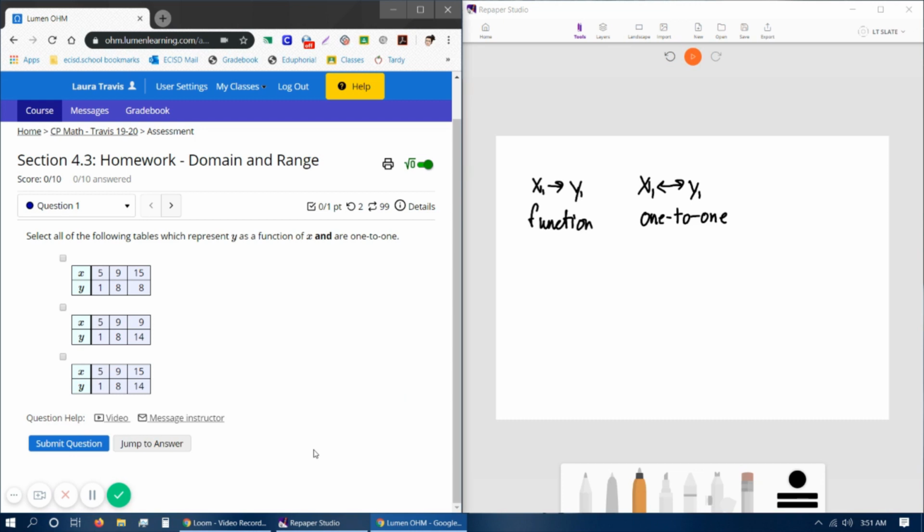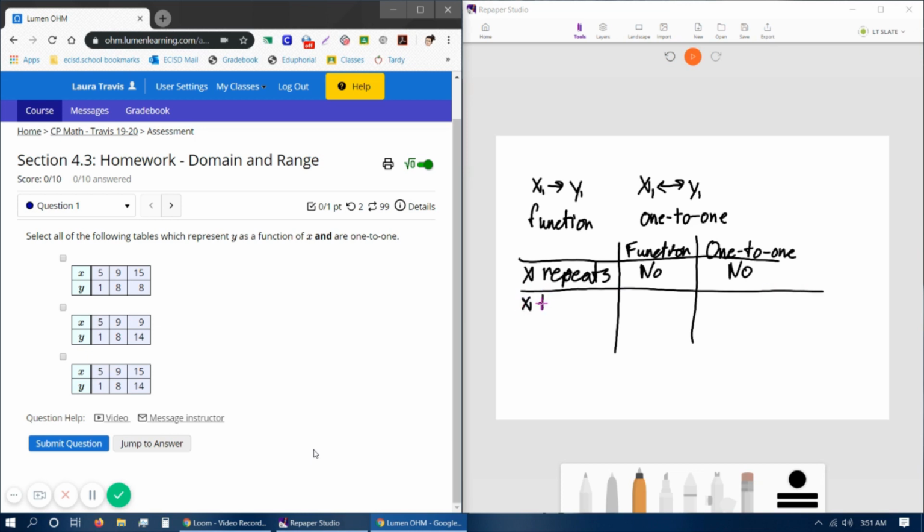I can create a table to help me remember these basic rules. If x repeats, then it is neither a function nor is it one-to-one.